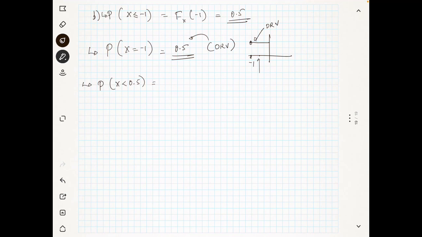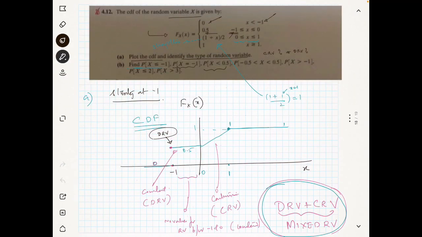Now 0.5 is not here, so at this part it is a continuous random variable.